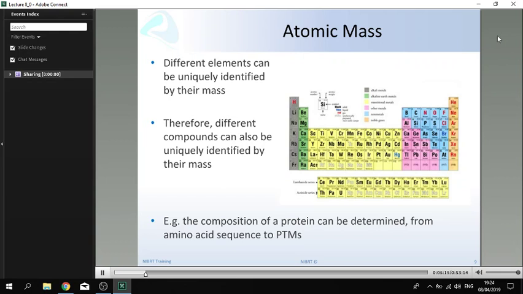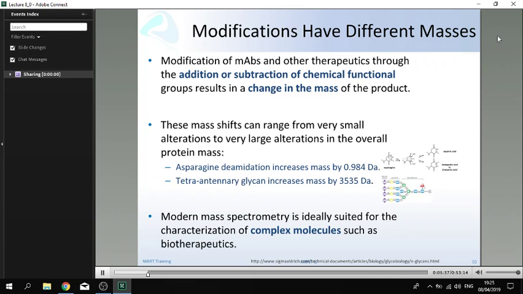So different compounds that contain a mixture of these elements can also be uniquely identified by their mass. And then, of course, the composition of proteins can be determined as well, from their amino acid sequence to their post-translational modification, because we know the mass of every different element that we can find around us.